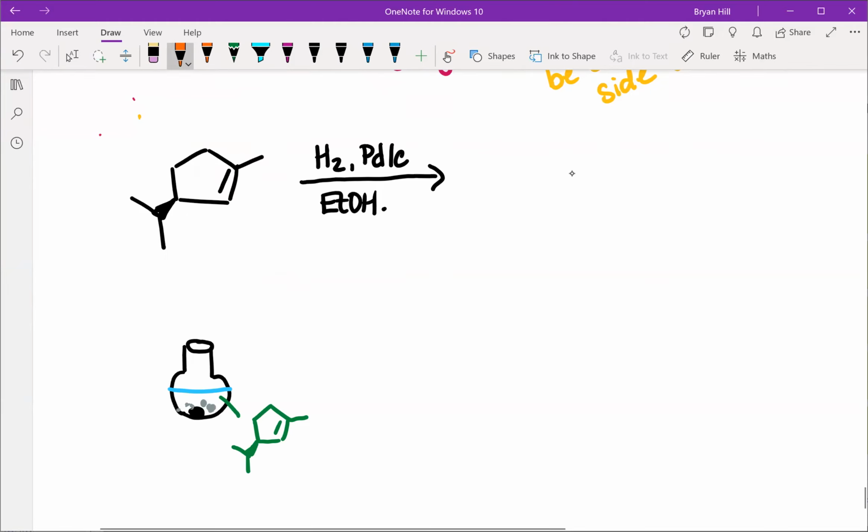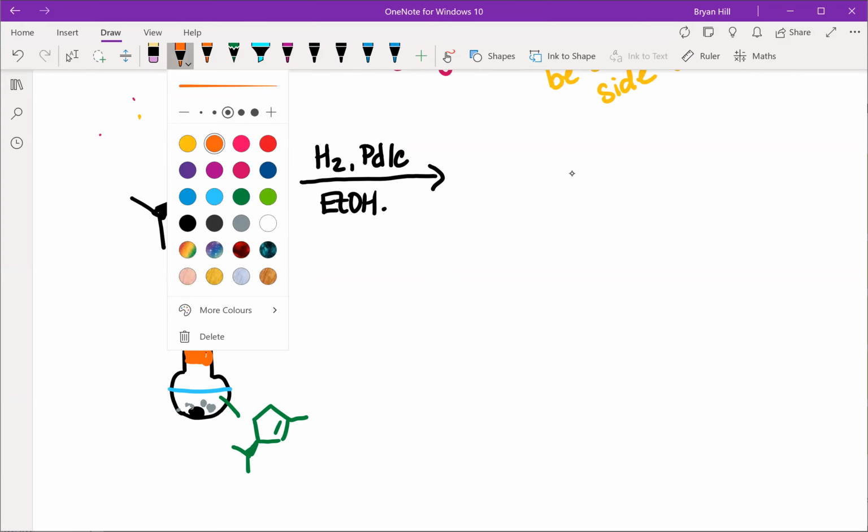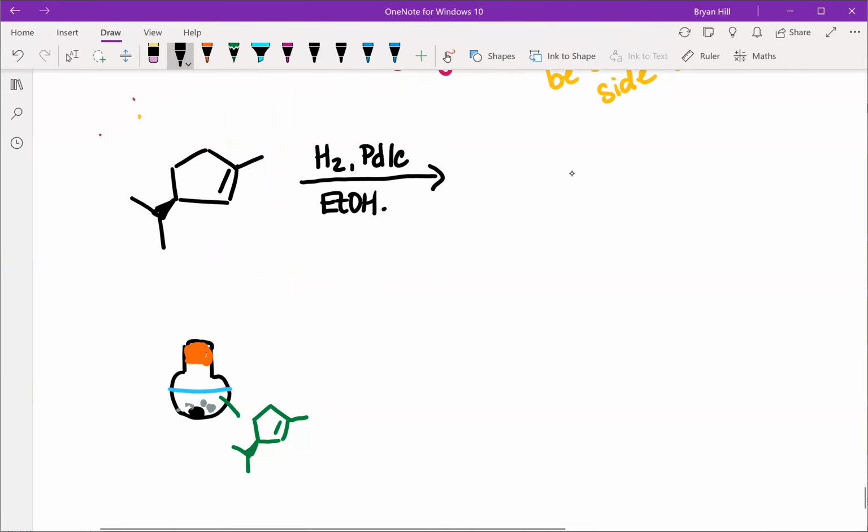You basically stopper your flask with a septum, something which you can puncture with a needle, and then you just have a little needle going through the septum, which is attached to a balloon which has got hydrogen in it, and you can stir it.